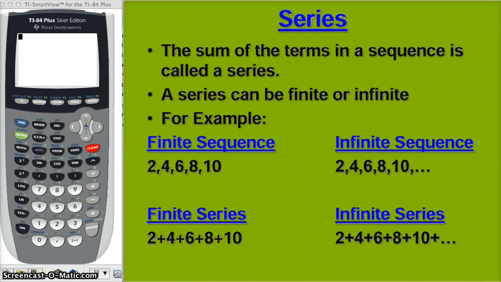If it's a series, notice it's separated by plus, by addition or subtraction, and the dot dot dot still applies. Now, in your series, if you have a dot dot dot and then a plus sign and then a number, that means it is a finite series. If the last number is given, then that means it's a finite series.